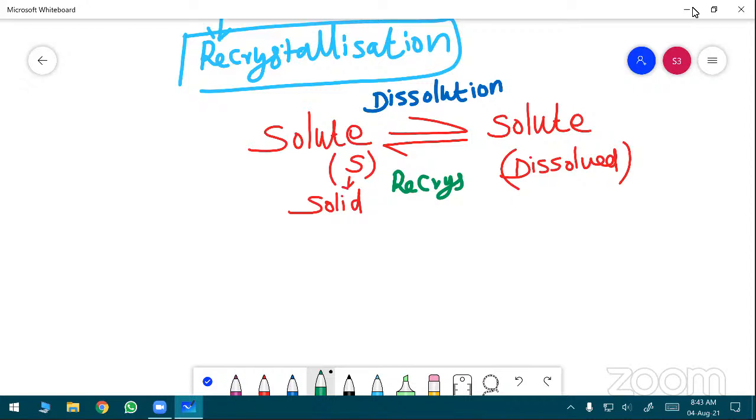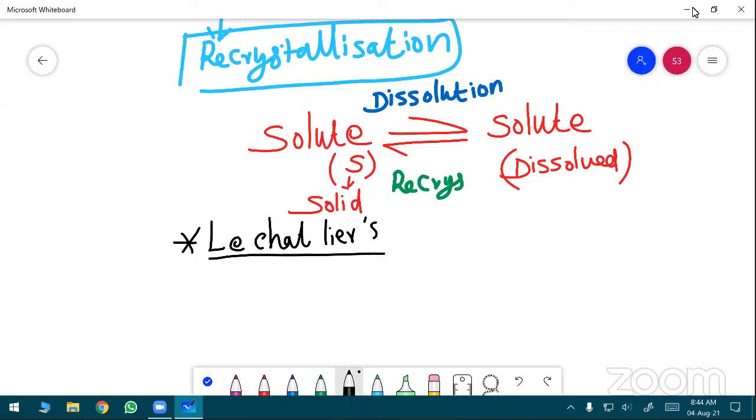So there is an equilibrium between the solid solute and the dissolved solute. Whenever an equilibrium arises, you have to recall the Le Chatelier principle.